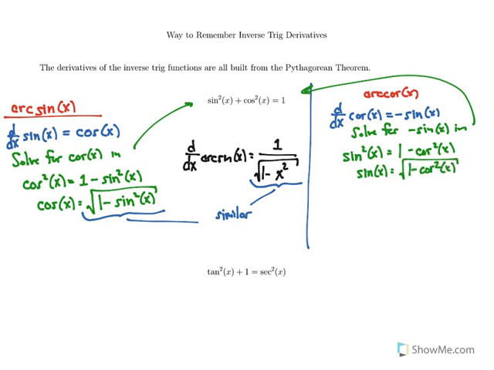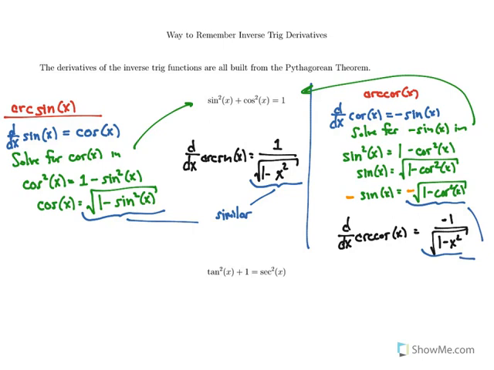And then one other detail, which is that negative sine is equal to negative square root of 1 minus cosine squared. And remember that the derivative of arc cosine is negative 1 over square root of 1 minus x squared. And there are definitely some similarities there. The negative comes from the fact that the derivative of cosine is negative sine. That's where that comes from. Otherwise, it's kind of the same as arc sine.